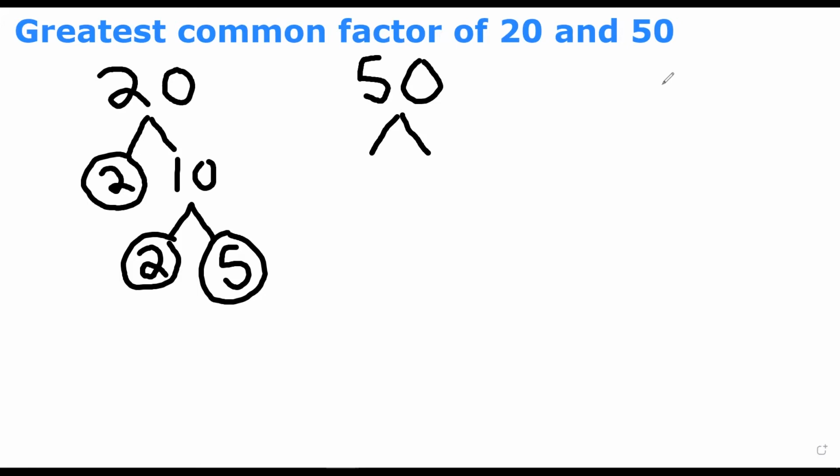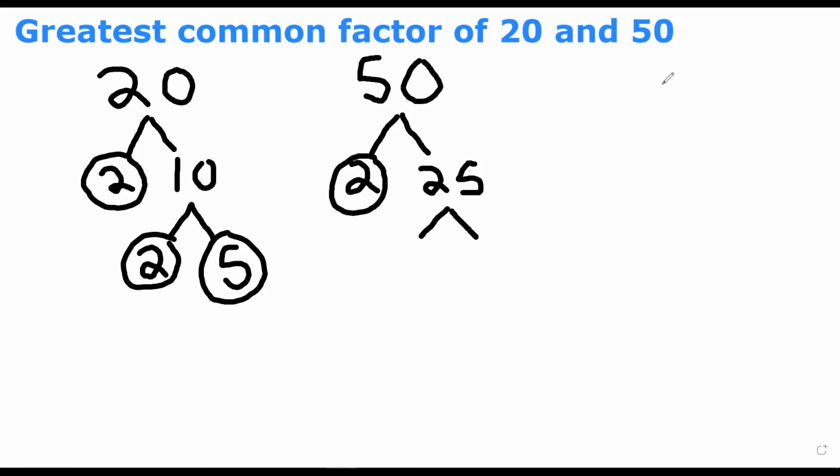So we know that a factor pair of the number 50 is 2 times 25. Then again, we have the number 2, which is a prime number, so we can circle it. Now let's move on with number 25.